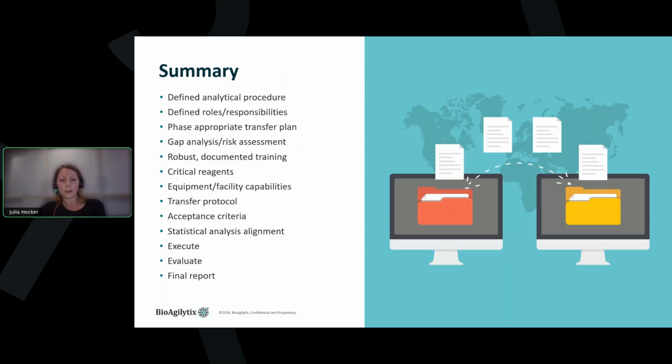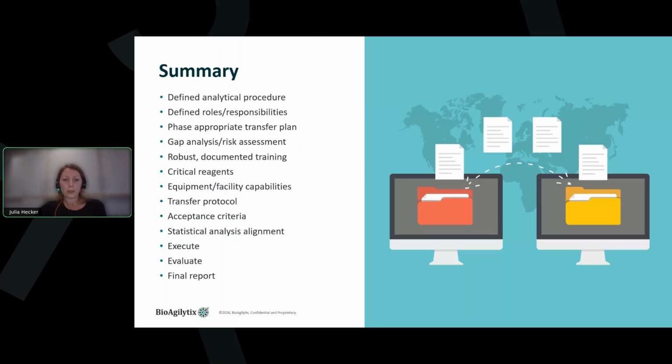Then the equipment: if there are differences in equipment, evaluate criticality and see if these differences might lead to different results. This can also be included in the gap analysis already.